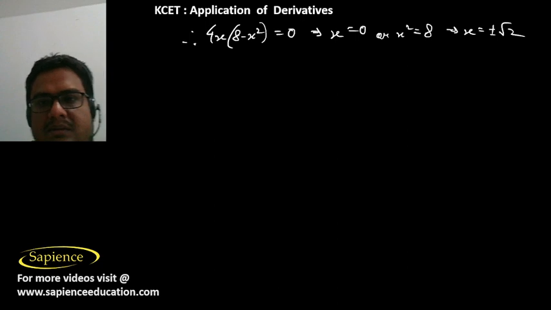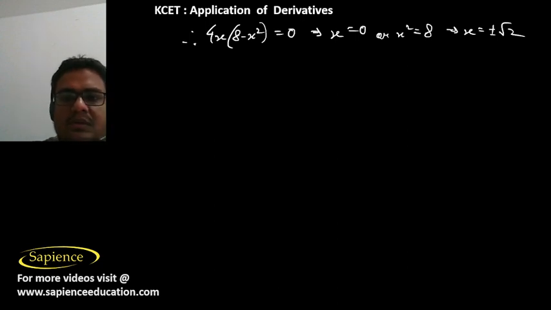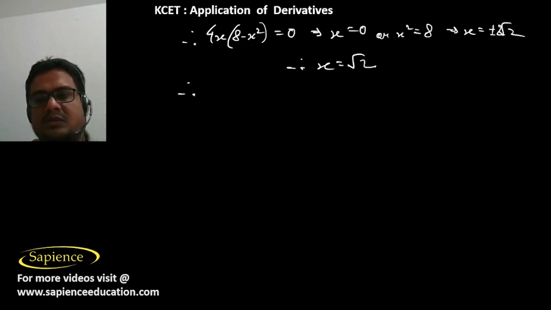But the length cannot be negative or 0. Therefore, we should take x as root 8. Therefore, this is 2 root 2, the root of 8.